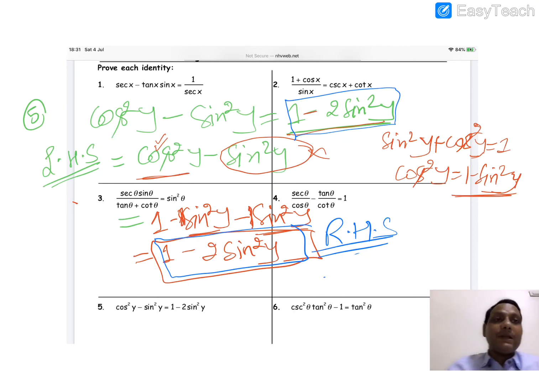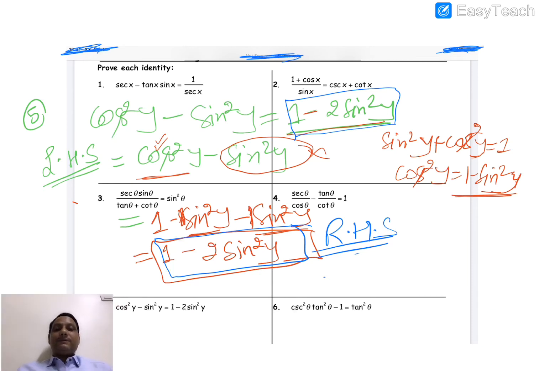And generally what I told you, trigonometrical identity is really a very important part of trigonometry. Without that you cannot solve a trigonometrical equation. So I want to talk to you all for 2 minutes about this topic. Trigonometrical identity is really important to solve trigonometrical equations, which I'm going to cover in my next videos also.